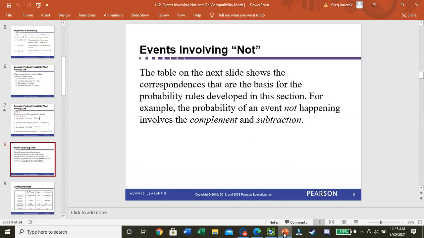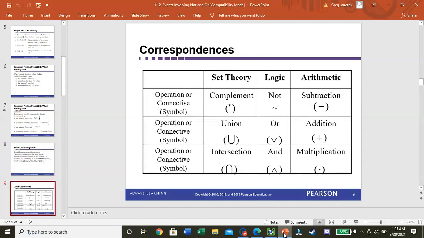So on the next table, basically we're looking at different ways that we've expressed the complement and subtraction. Complement, for set theory, we used a little apostrophe. For addition, combining, we used the union.